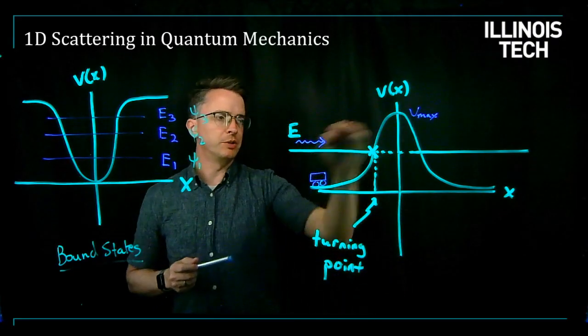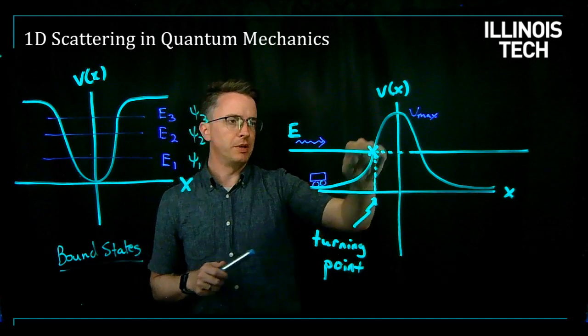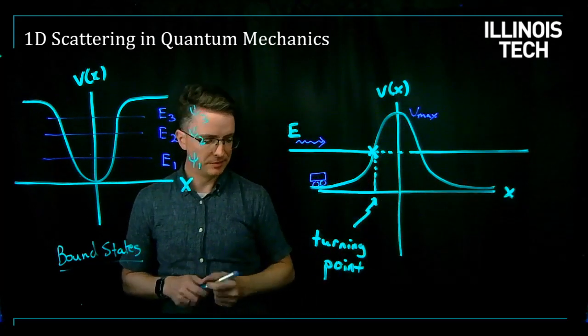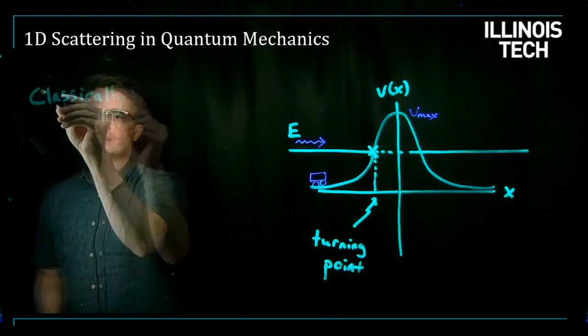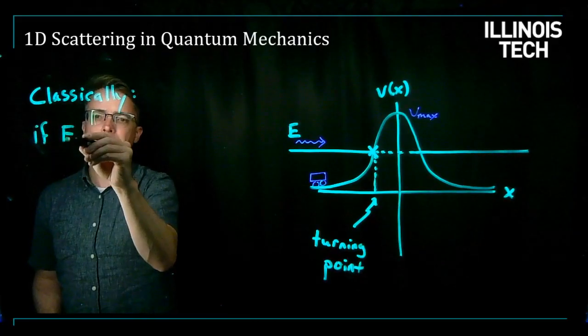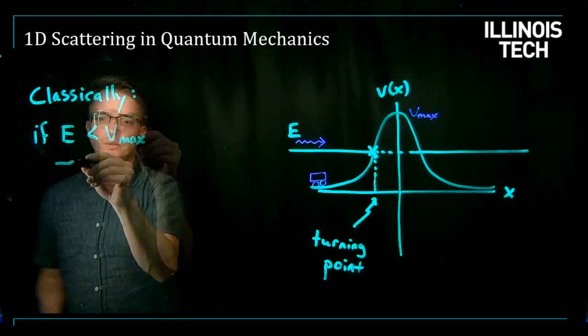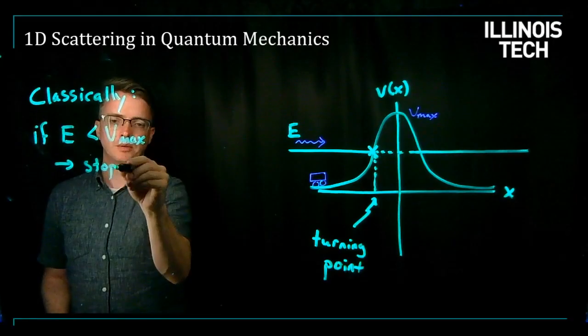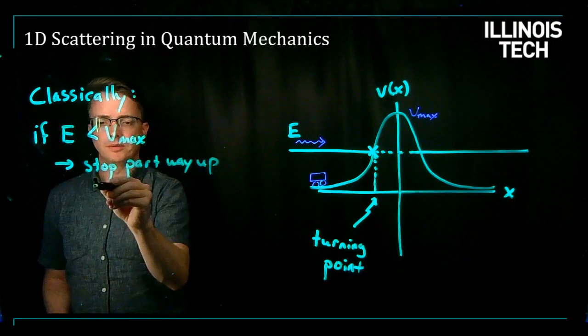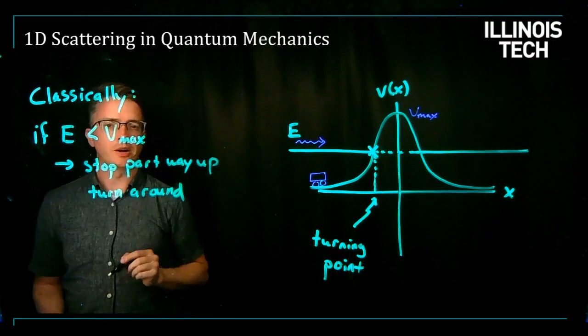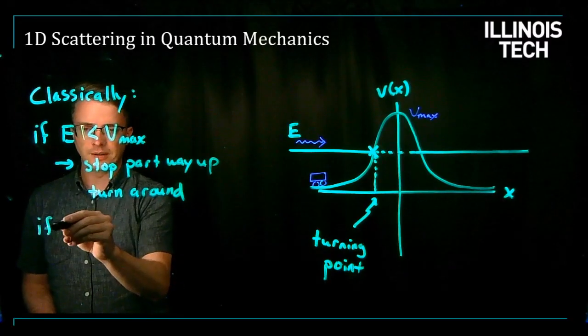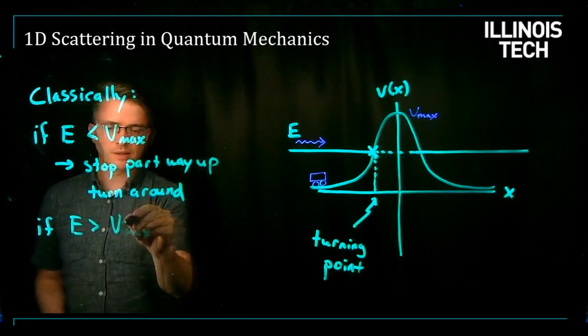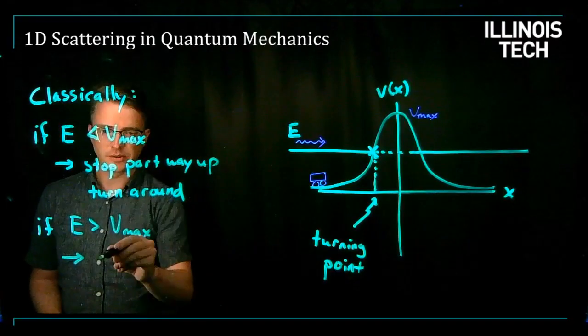And if my energy was bigger than V max, it would just make it over the hill and go out the other side. So classically, if E is less than V max, the car will stop partway up and then turn around and go back out the other way. And of course, if the energy is larger than V max, it will make it to the other side.